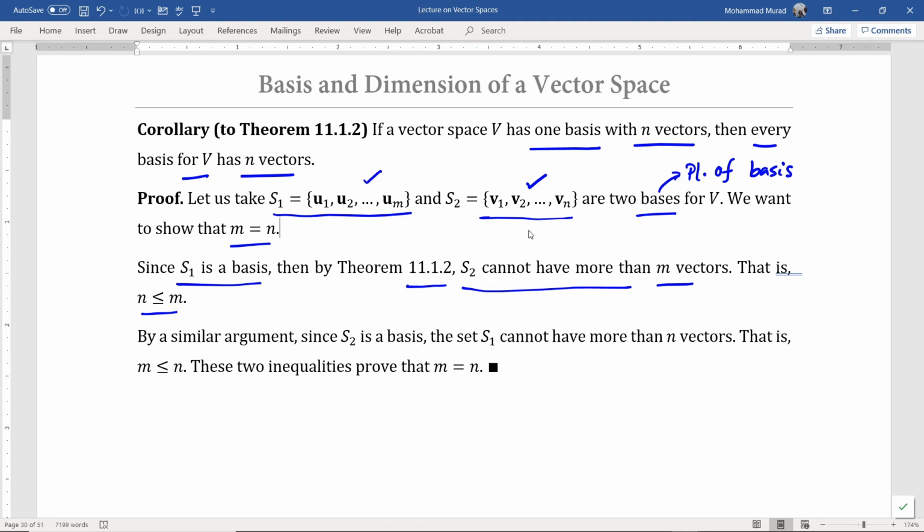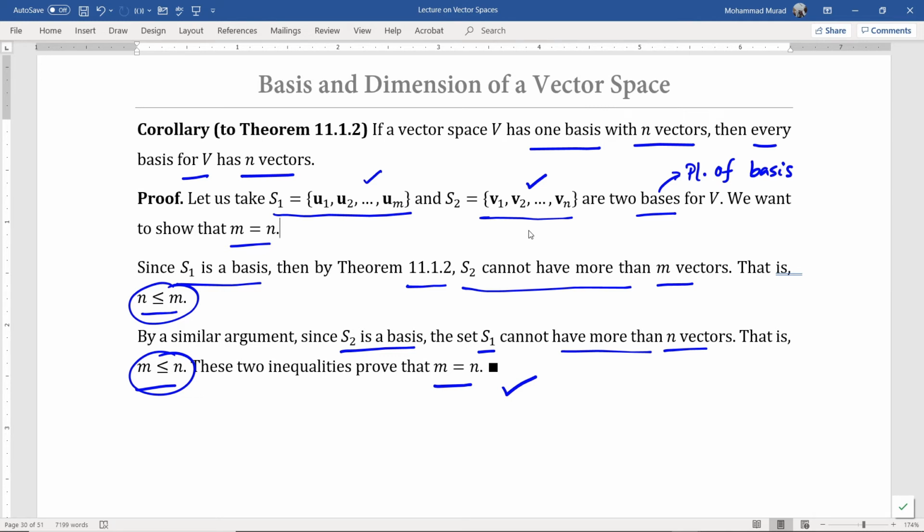By a similar argument, since S sub 2 is a basis, the set S sub 1 cannot have more than n vectors. That is, m has to be smaller than or equal to n. These two inequalities prove that m equals n. The proof is complete.